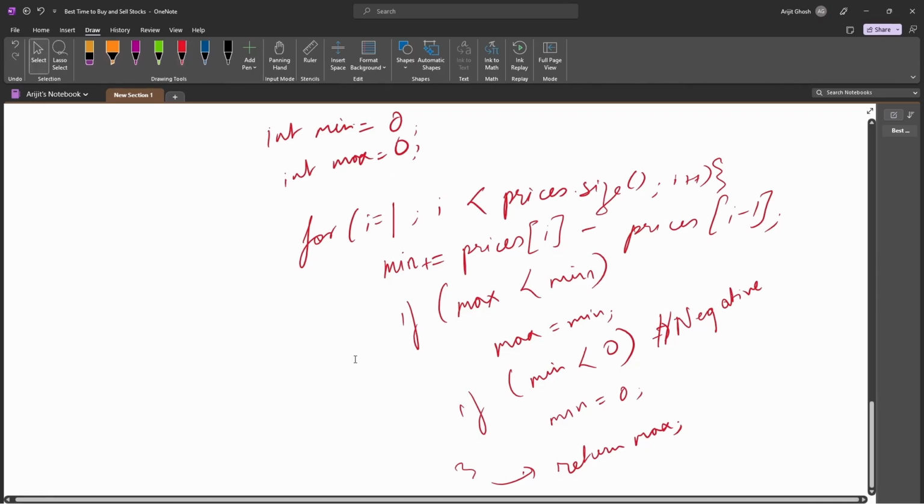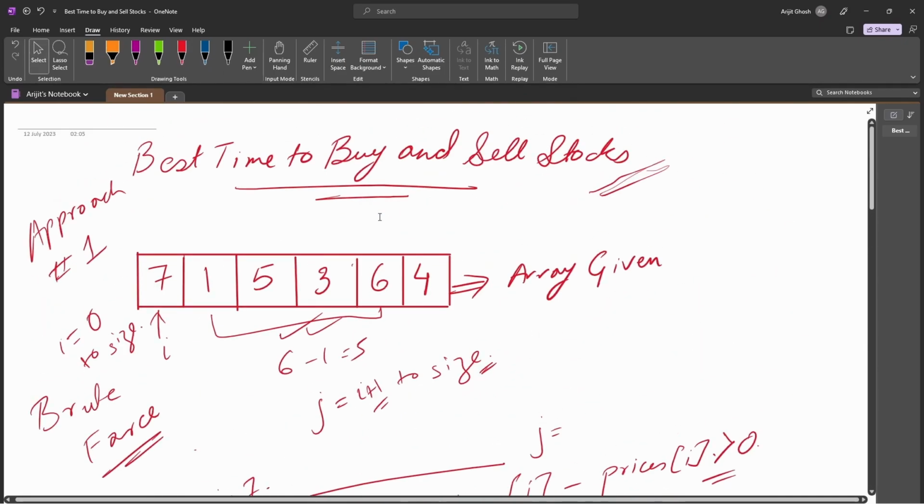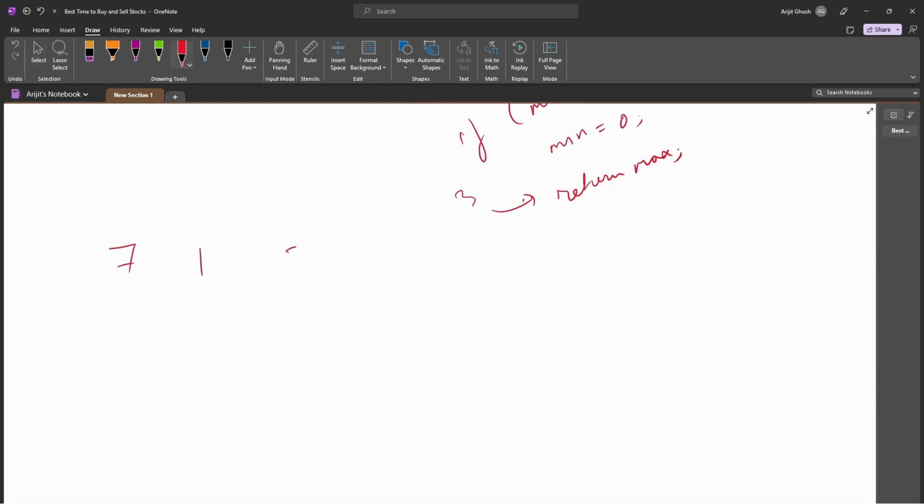If I show you the working, we had an array: 7, 1, 5, 3, 6, 4. It starts from index 1, this is index 0.